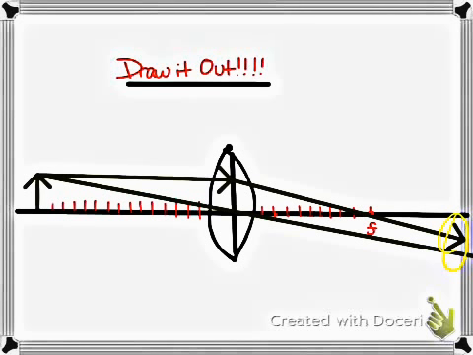Your distance of image is 30 centimeters, and since the focal point is here at 10, from here to 30 is where our image is going to be located. So we know our magnification is negative 2 and our d_i is equal to 30.